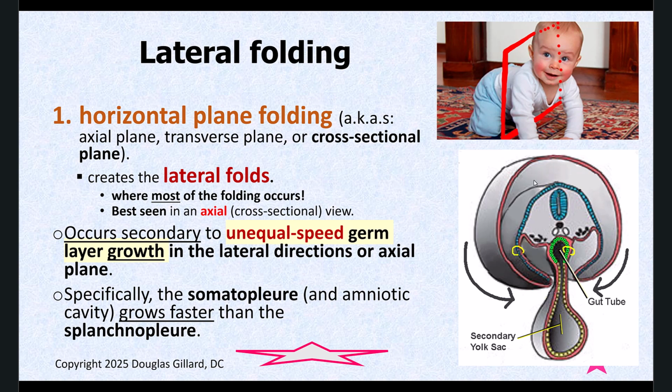It's grown like crazy, so the amniotic cavity growth is also kind of involved in this as well. But I like to think of it as the ectoderm has grown faster than the endoderm, and it's caused a bending because of that. Okay, and it's created these big old flaps right here.